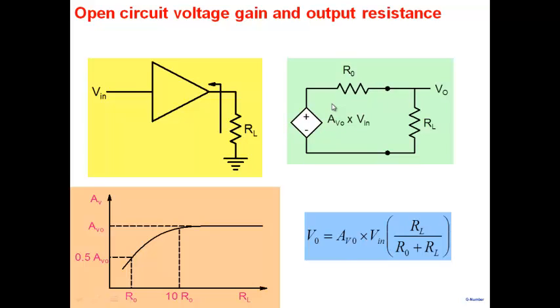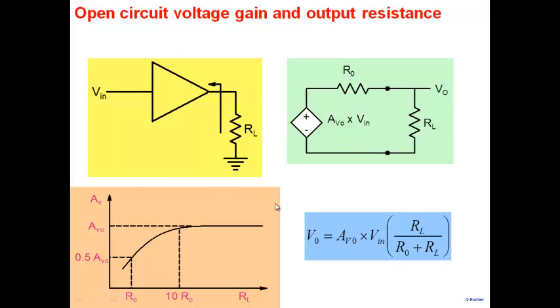That when you look at an amplifier from the output side, you do see an R0 output resistance and you see a AV0 times Vin here. And one can see why we are calling it AV0. If I open RL, make it infinite, then of course the voltage simply becomes V0 equal to AV0 times Vin, and therefore V0 divided by Vin will give us AV0. Okay, so it makes sense to call this quantity AV0 here. Okay. All right.